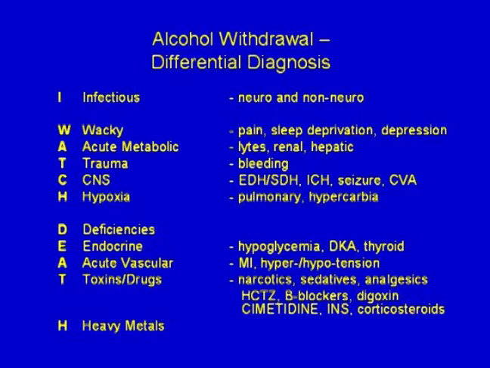Any kind of metabolic syndrome can cause it. Trauma itself and the bleeding and subsequent shock can cause symptoms that might make you think they're in withdrawal. There's various endocrine causes, toxins, vascular causes. A lot of the medicines that we give can cause it: beta blockers, cimetidine, insulin, steroids. Once again, you have to rule out this differential diagnosis.